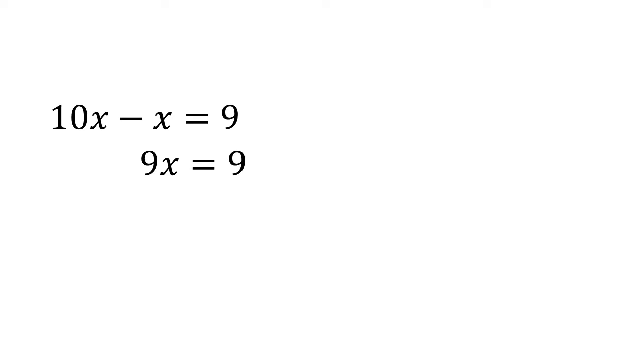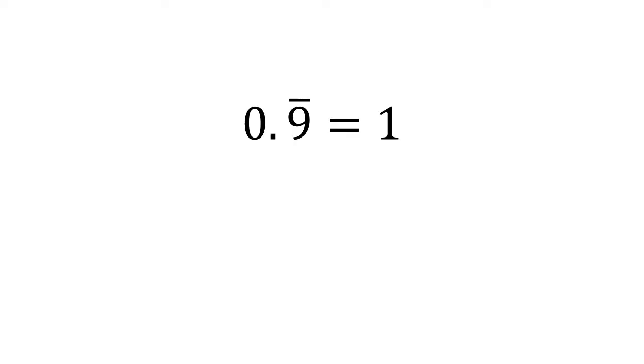And again, their difference is 9. So 9x equals 9, which means that x equals 1. But what did we define x as in the beginning of the problem? 0.9 repeating. So once again, we see that 0.9 repeating is equal to 1.